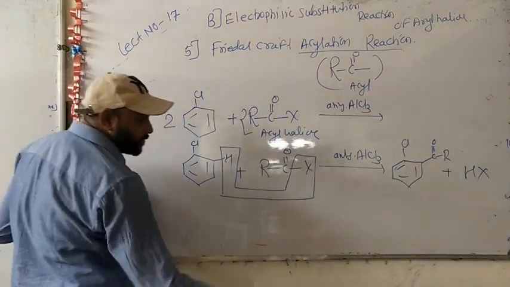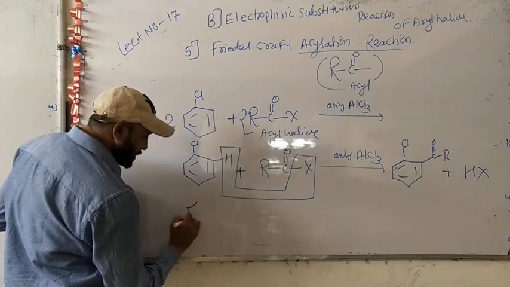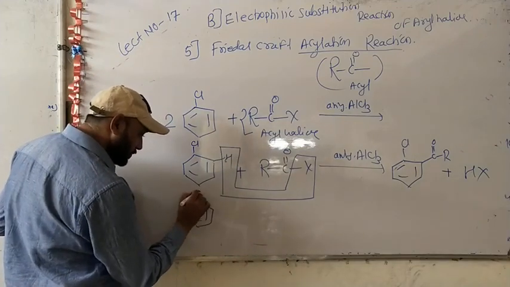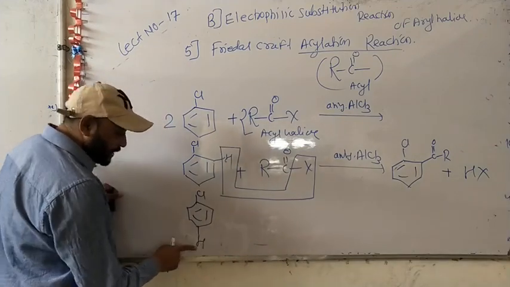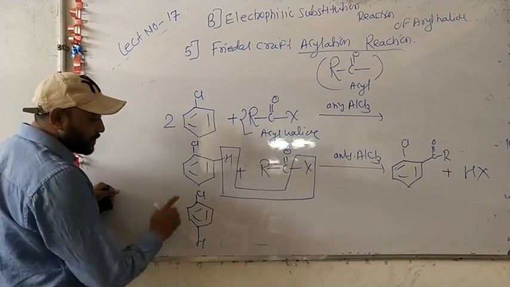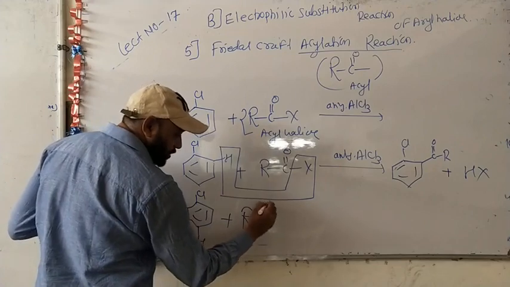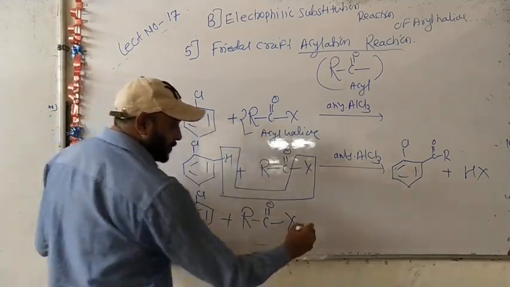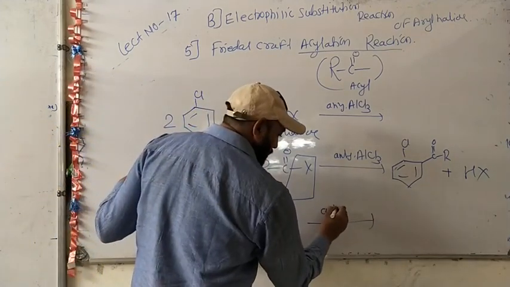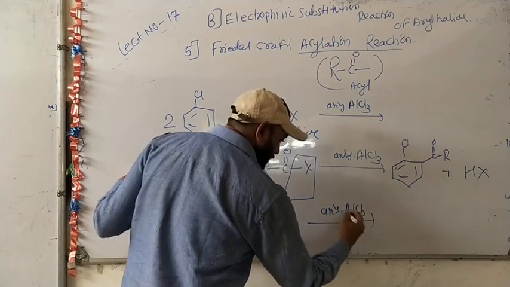It is an aromatic ketone. Then in the second reaction, chlorobenzene reacts at the para position because it is a para director, with another molecule of acyl halide RC double bond O X in presence of catalyst anhydrous AlCl3.